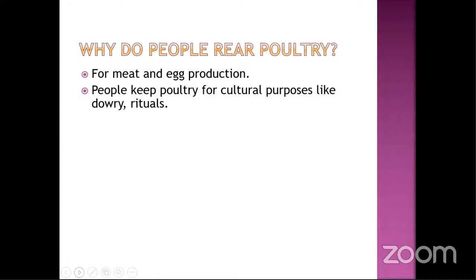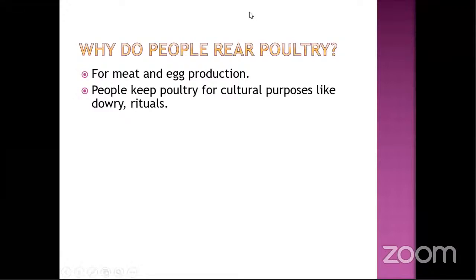We always see boys paying dowry to the girl's parents in order to get the girl to marry her. So in some communities, people use poultry like this very chicken. People use chicken to marry somebody, just as dowry.